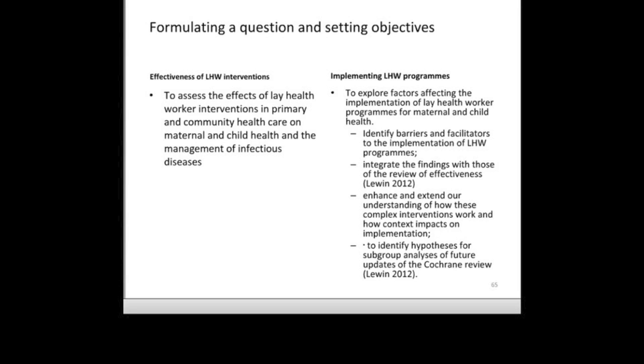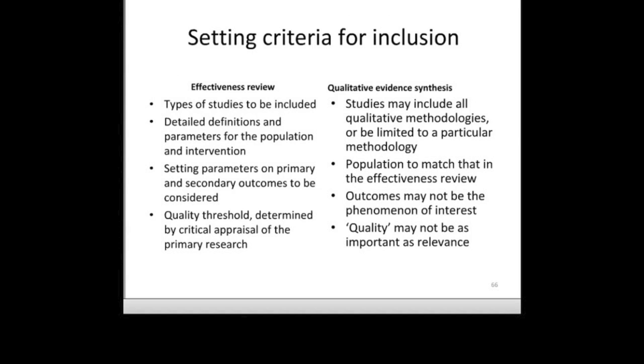In setting criteria for inclusion, there's some sort of standard procedure for effectiveness reviews. What you should describe is what type of studies you include. You would provide detailed definitions and parameters for both the population and the intervention. You would set out parameters on primary and secondary outcomes, where secondary outcomes might be relevant.